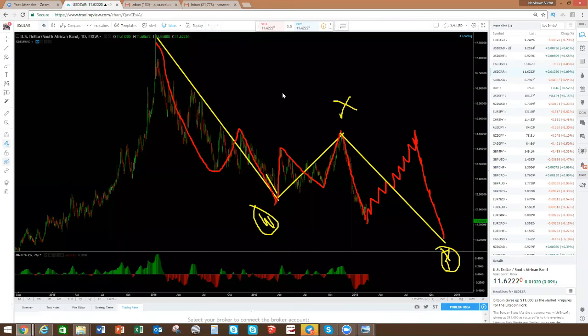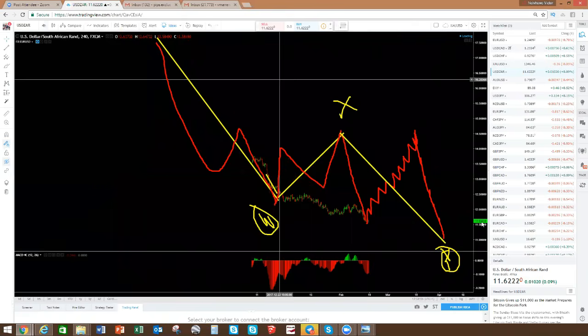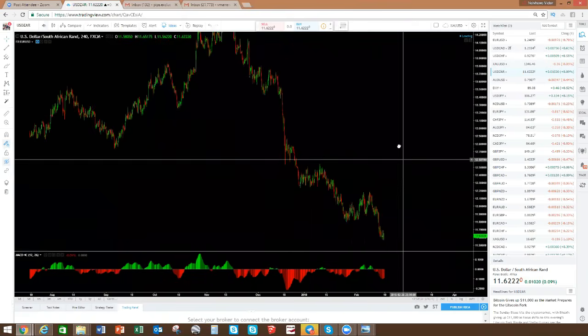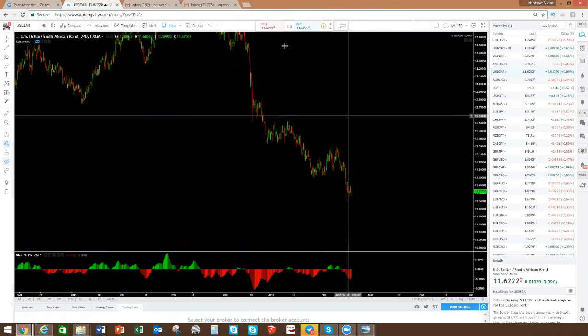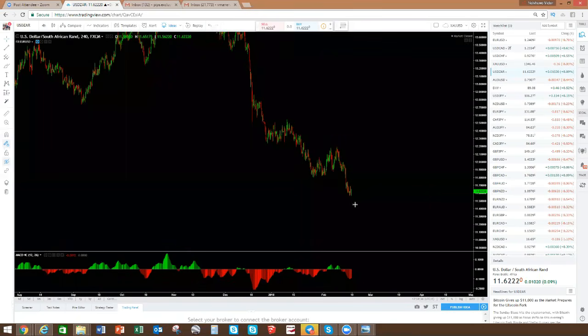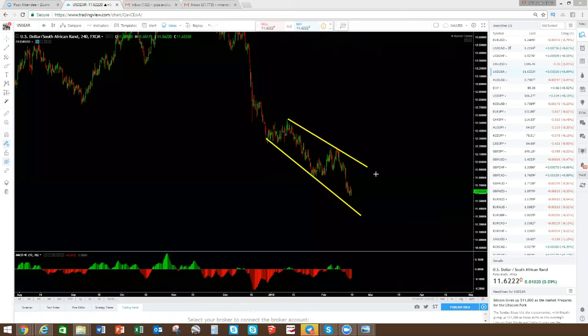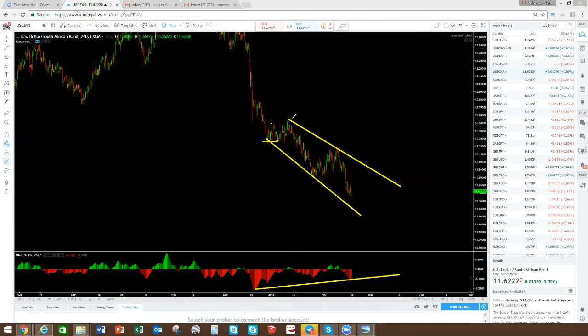Go 4 hour. Starting to get some signs of reversal. If you look at this here, our V pattern looks like it's starting to play out, and we're getting divergence. Okay, we had an impulse down, we had a pullback.